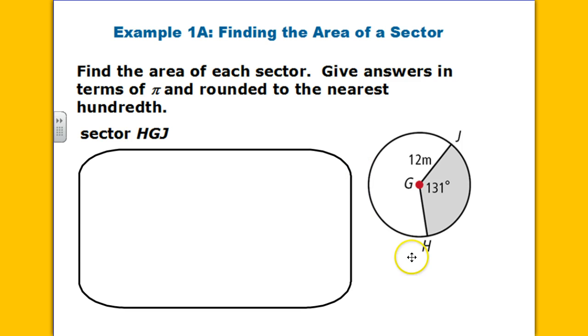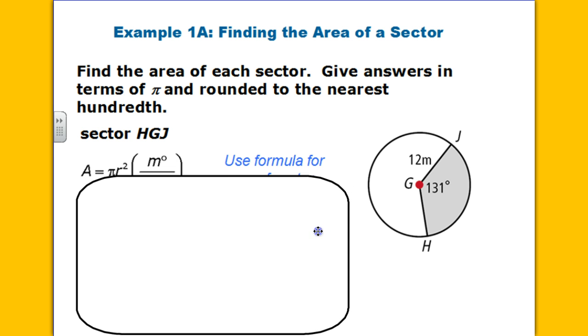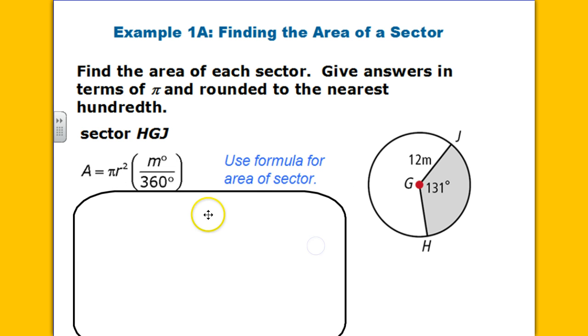So sector HGJ has a central angle of 131 degrees, and it has a radius of 12. So we can simply start with our formula, which is the area of a circle times the part over whole, the percent of this sector.